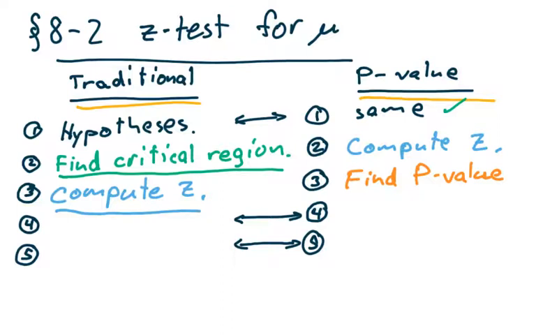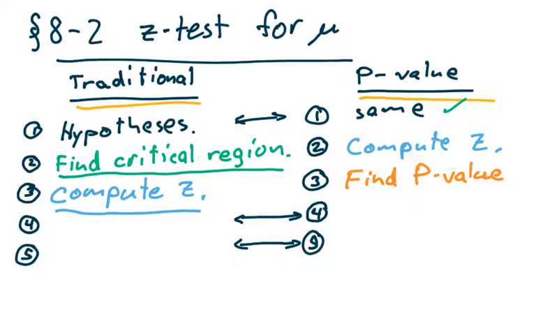We'll make our decision based on, essentially, does the z-value fall into the critical region? And if it does, that's sometimes also known as the rejection region, then we'll decide to reject H subscript 0, reject the null hypothesis.